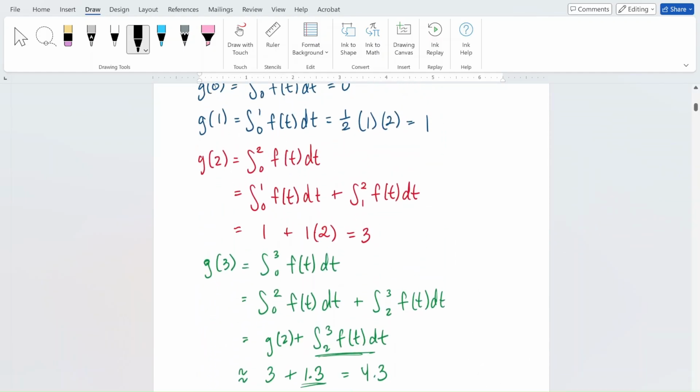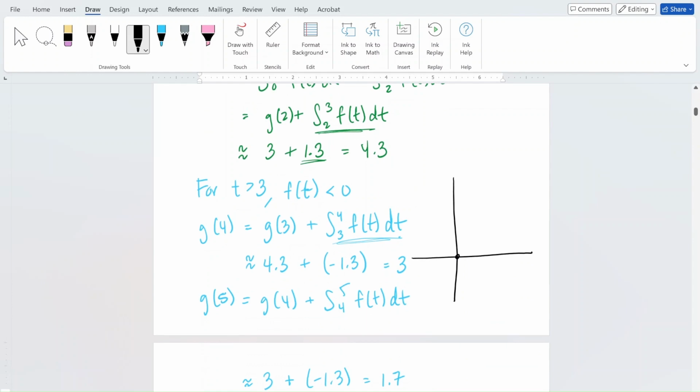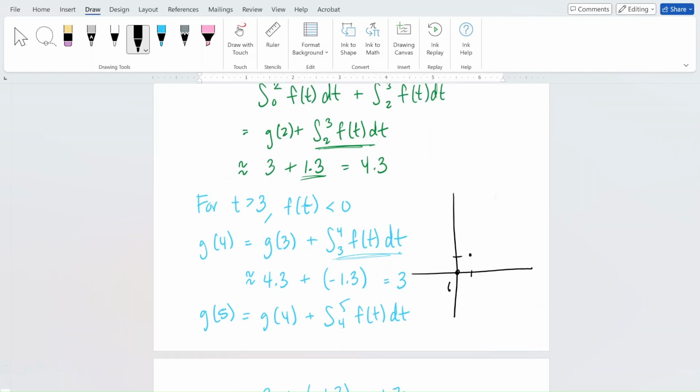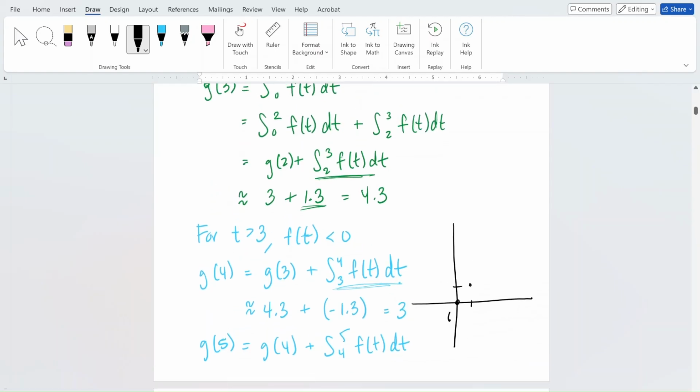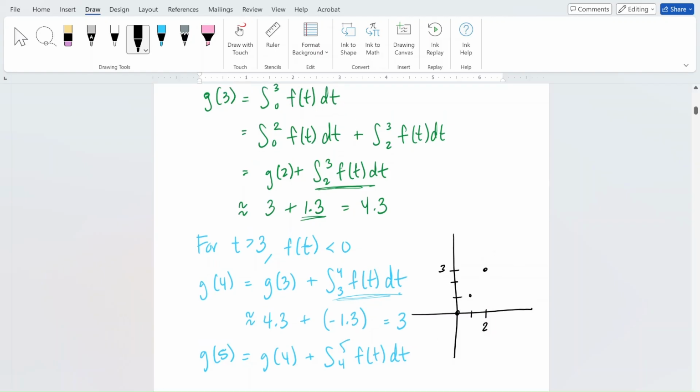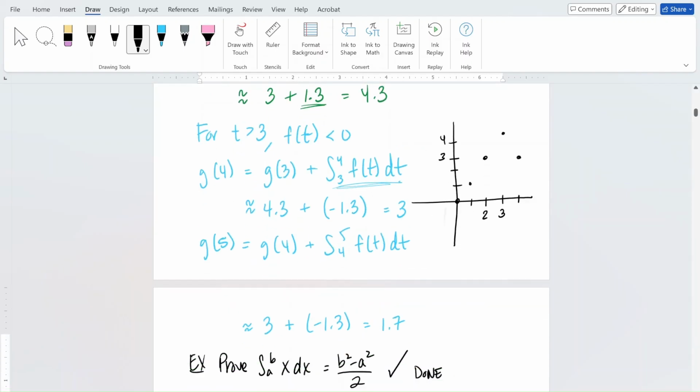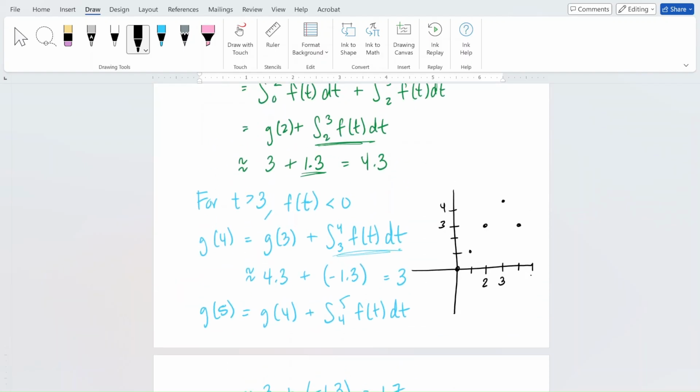So G of 0 was 0, G of 1 was 1, G of 2 was 3. Here's 3, here's 2. And G of 3 was 4.3. And then G of 4 was 3. And G of 5 was 1.7 approximately.